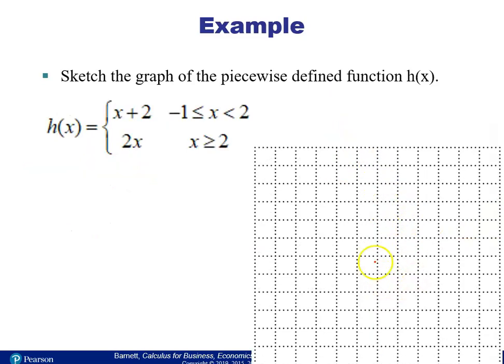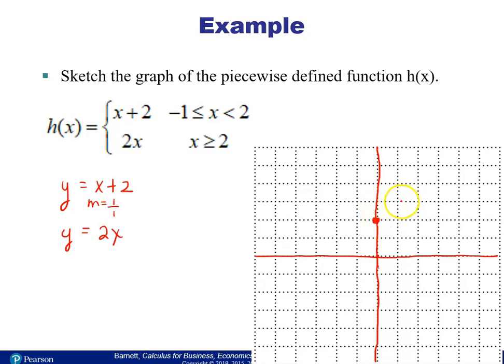Okay, the last one here, we'll draw in our graph. We've got y equals x plus 2 and y equals 2x. So on the first one, we have a y-intercept of 2, and we have a slope of 1.